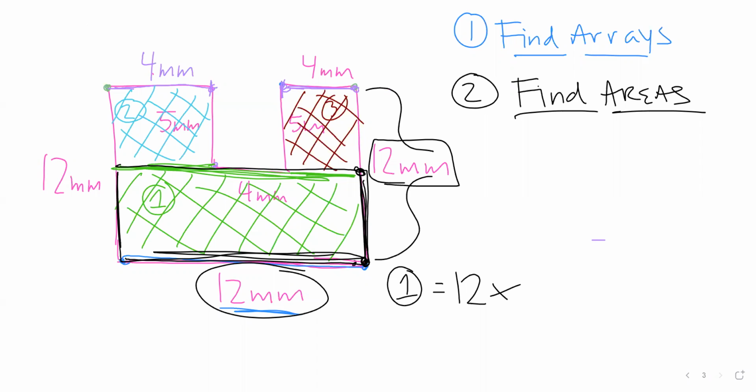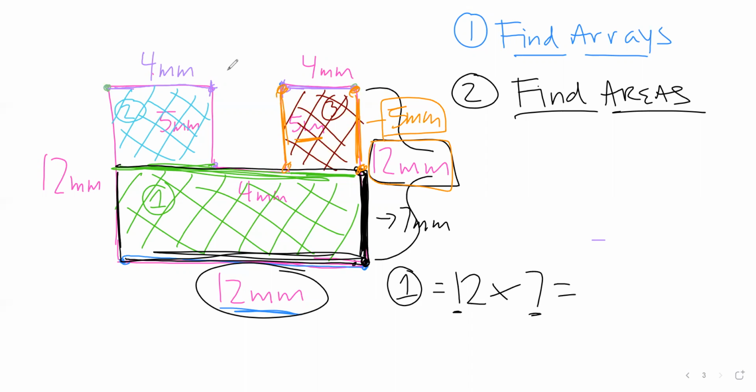And this part right here is 5 millimeters. So the difference between 12 and 5 is 7. That means this section right here is 7 millimeters. So to find rectangle 1, I take 12 times 7.